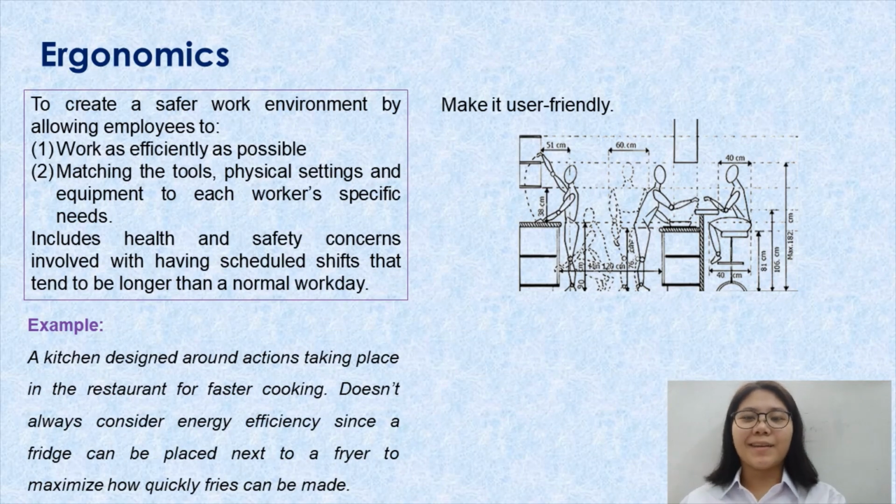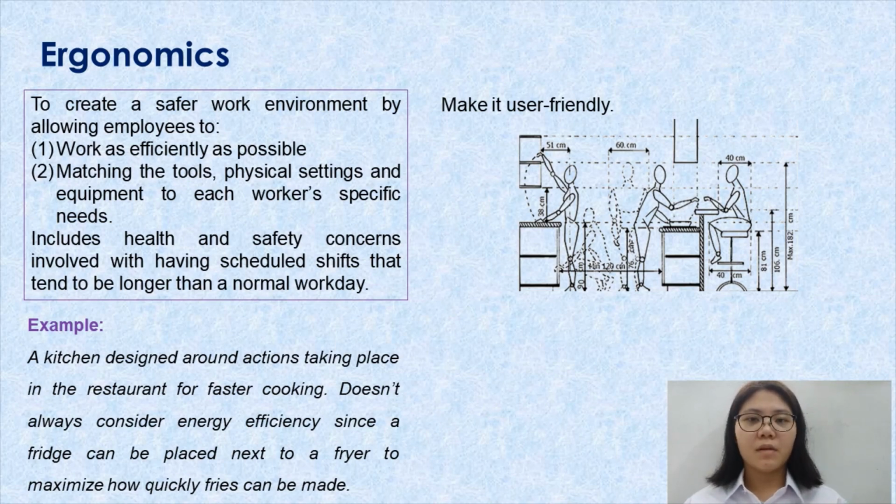And then lastly, ergonomics. It is to create a safer work environment by allowing employees to work as efficiently as possible. Second, matching the tools, physical settings, and equipment to each worker's specific needs. It includes the health and safety concerns involved with having scheduled shifts that tend to be longer than a normal workday.